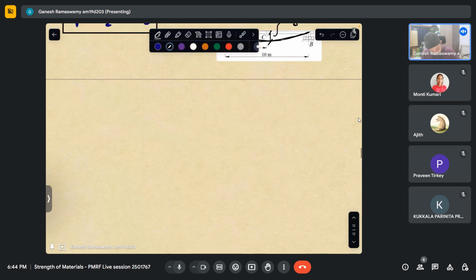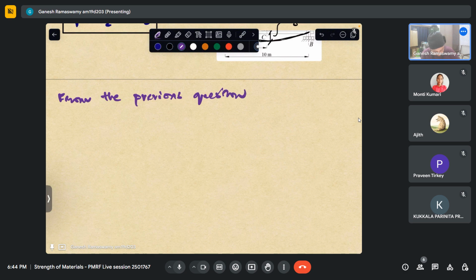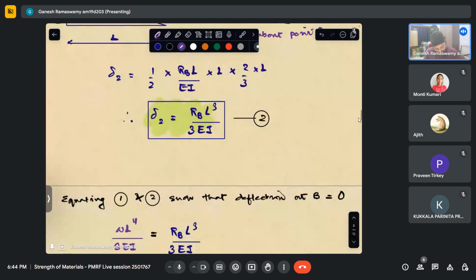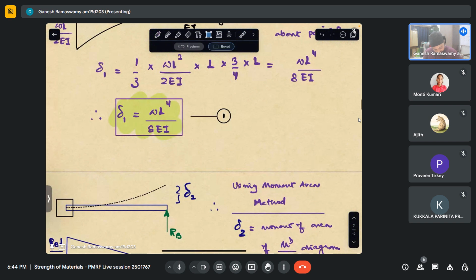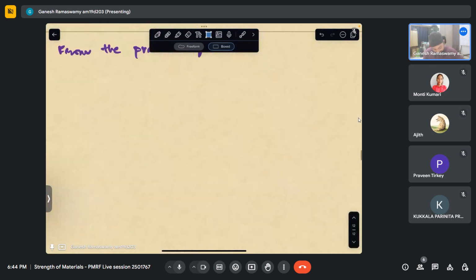So from the previous question, we can actually take these equations. So delta 1 is this.